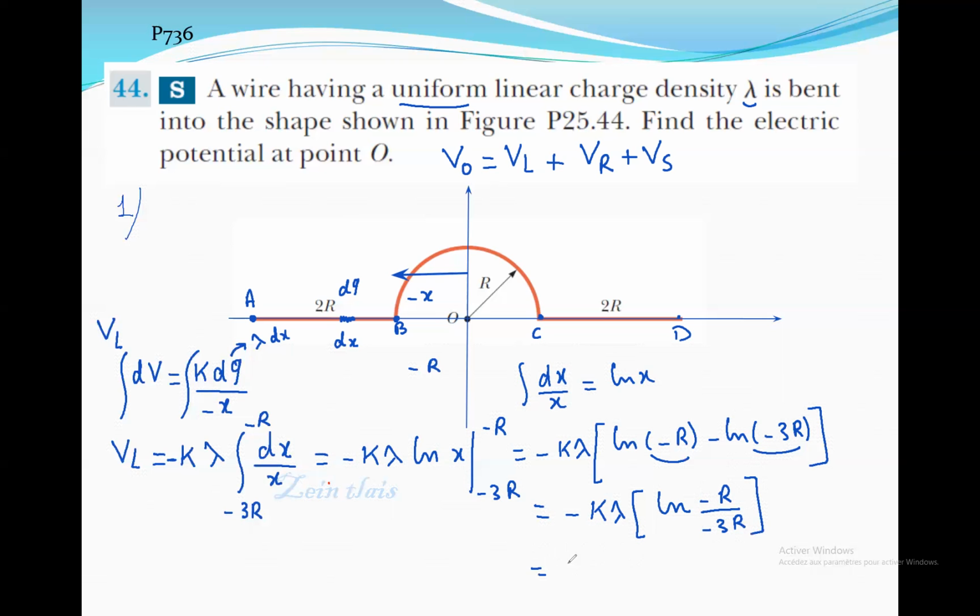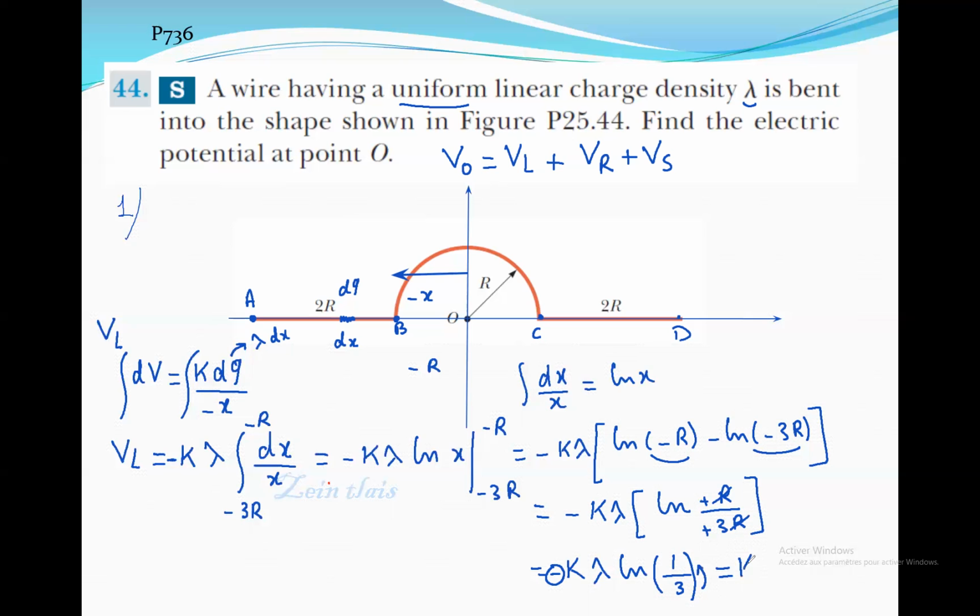Finally we get minus k lambda ln, we can eliminate minus and minus, R and R, we have ln 1 over 3.